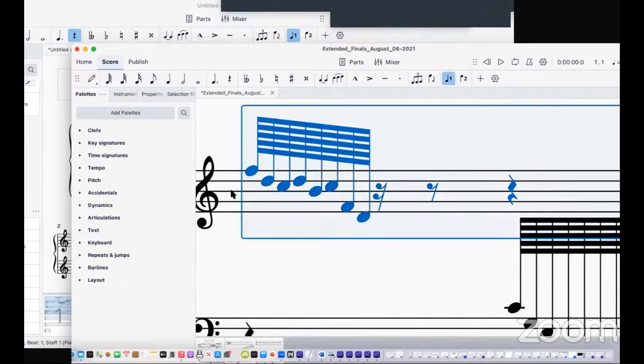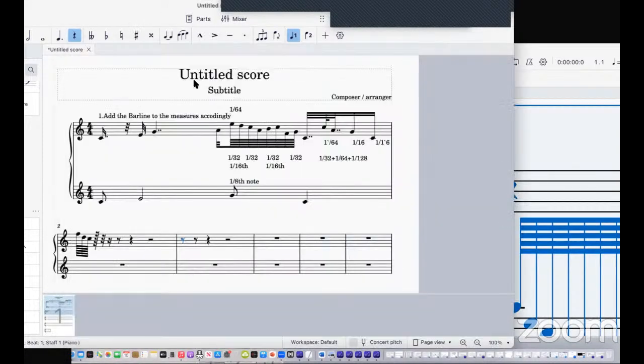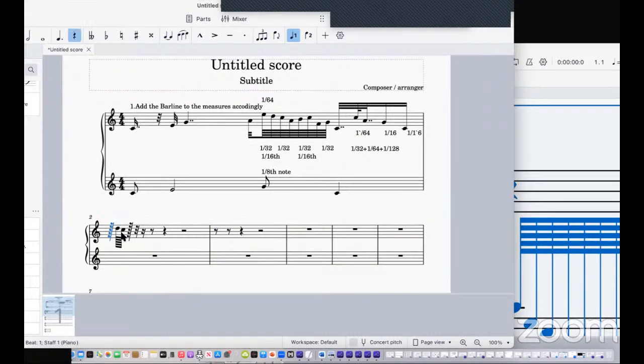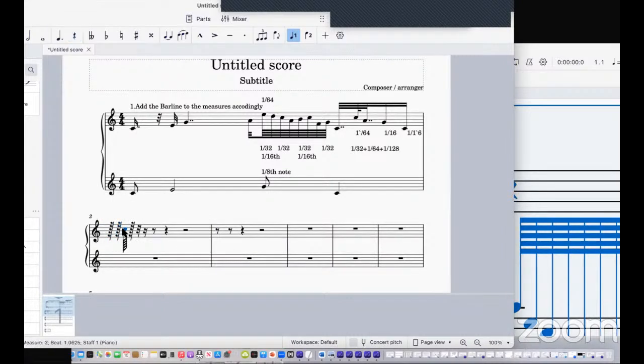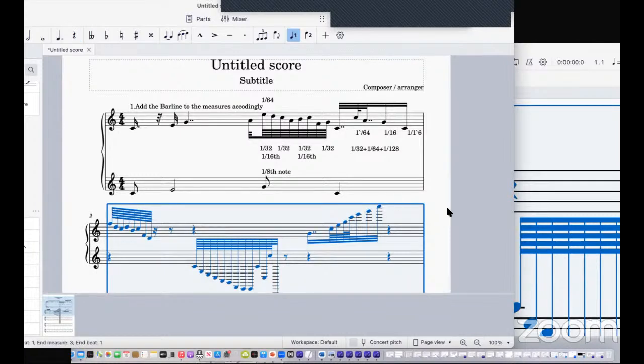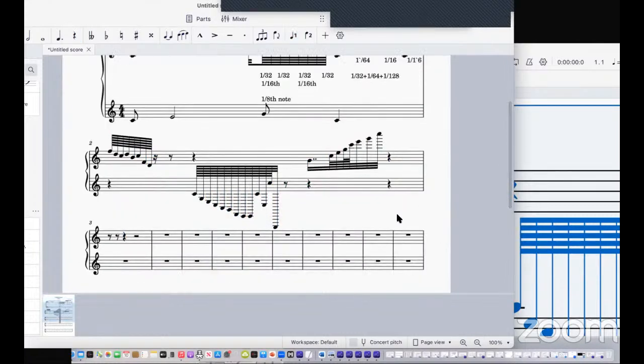Now the second measure. Because the software already gives, so this is already one whole note or 4 quarter notes. This is 128 notes.